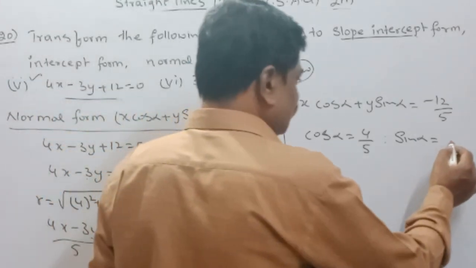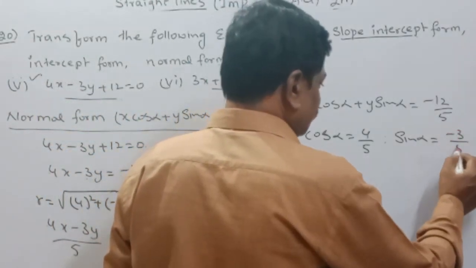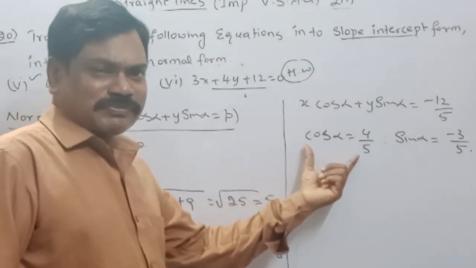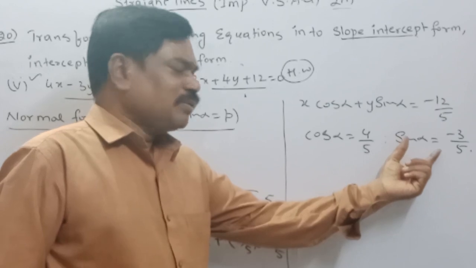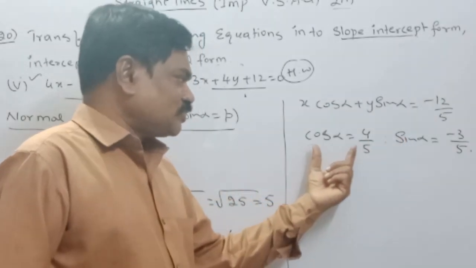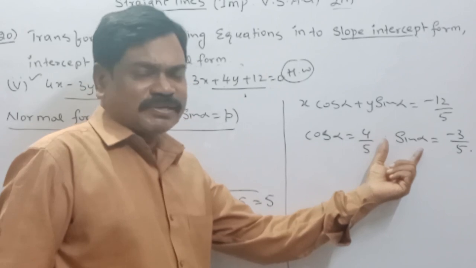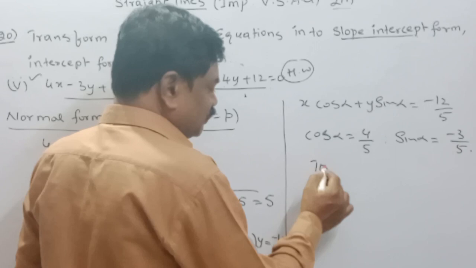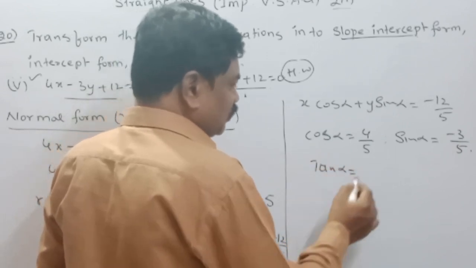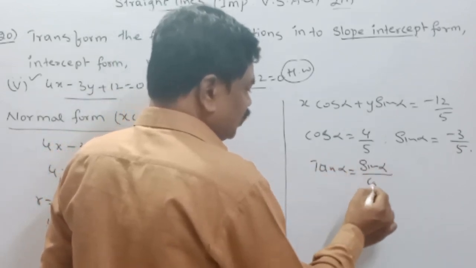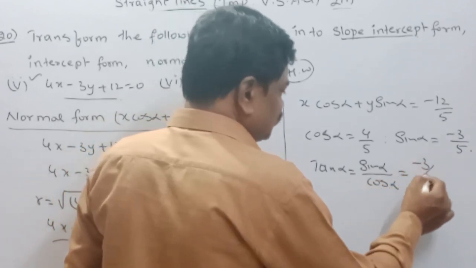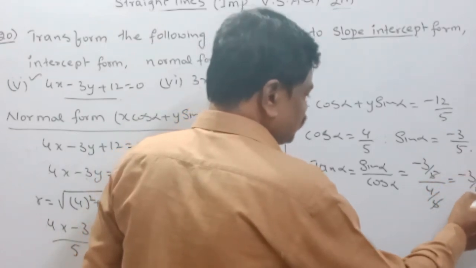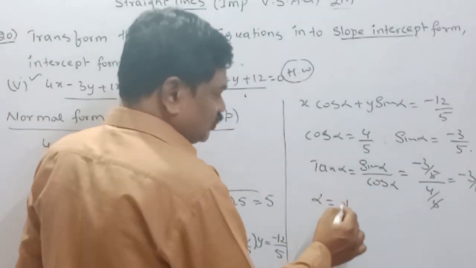Here cos alpha is positive and sin alpha is negative, so alpha is in the fourth quadrant. Then you have to find tan alpha. Tan alpha is equal to sin alpha by cos alpha, that is minus 3 by 5 by 4 by 5. This one cancels, so tan alpha is minus 3 by 4. But alpha is equal to what?